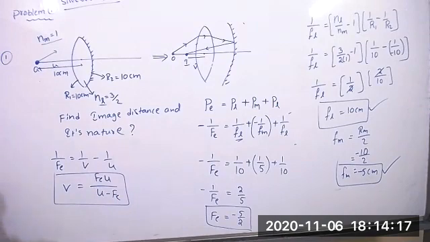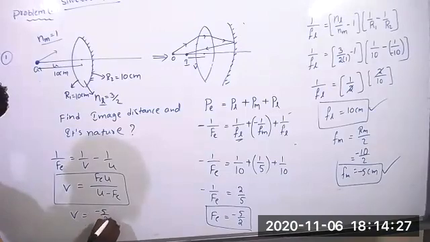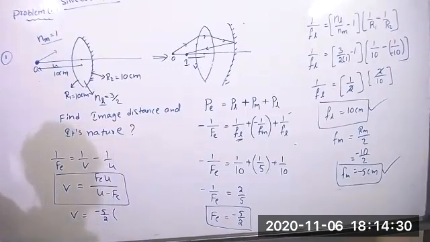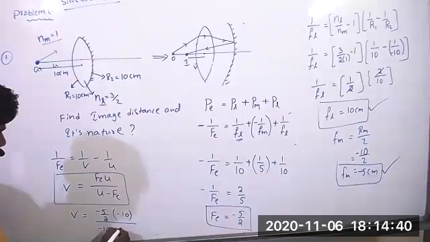Now substitute. V equal to FE, how much? Minus 5 by 2. Minus 5 by 2 into U, how much? Minus 10. Minus 10 minus, yes, minus 5 by 2.